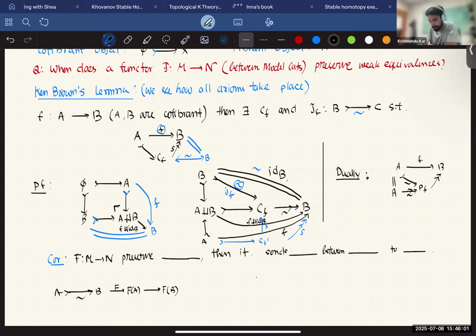A corollary of this Kan-Brown lemma will give you the question that we asked for. So take a functor between model categories, where M and N are your model categories. Suppose it preserves your trivial cofibrations.